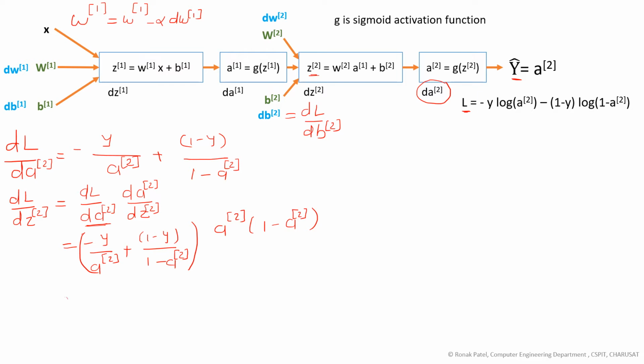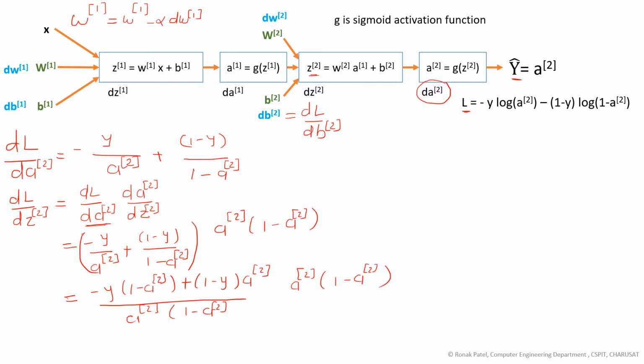Now if you simplify this thing, then this will become minus y into 1 minus a2 plus 1 minus y into a2 in the numerator, and in the denominator a2 into 1 minus a2, and here your derivative of the activation function is a2 into 1 minus a2, right?